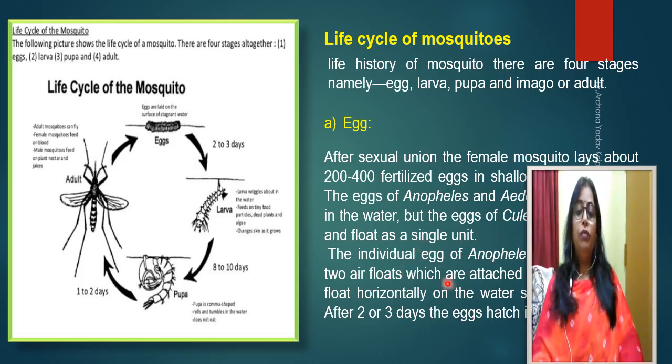The individual egg of Anopheles is provided with air floaters on the lateral sides, and they float on the water surface horizontally, and after 2 to 3 days the egg hatches out.